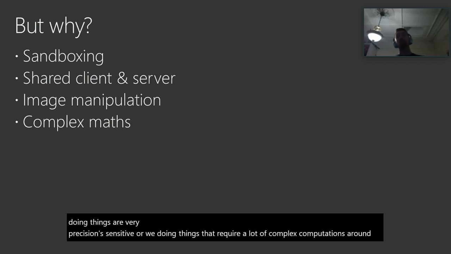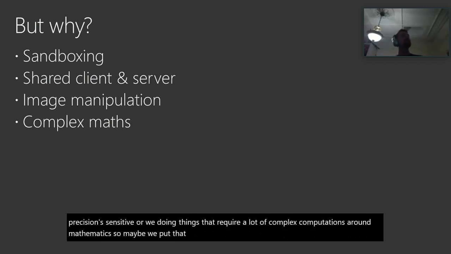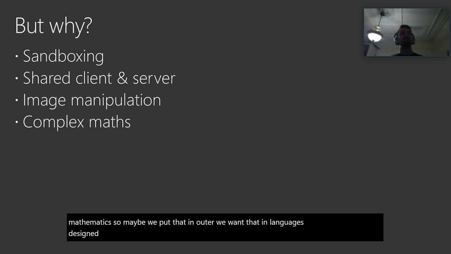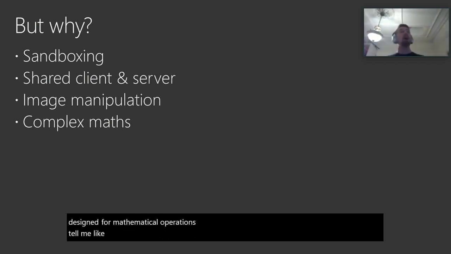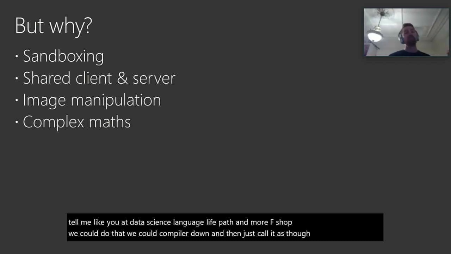So maybe we write that in a language that's better designed for mathematical operations. Something like a data science language like Python or F#. We could do that, and we could compile that down and then just call it as though it's another library inside of our application.